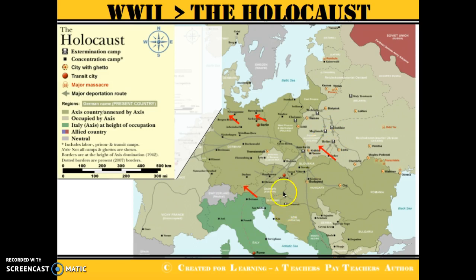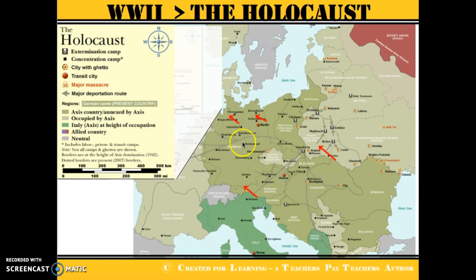The little black dots, and there are a lot of them, were all concentration camps that people were being sent to, mostly Jews. The little yellow circles with red were all the ghettos that Jewish people were forced to live in.